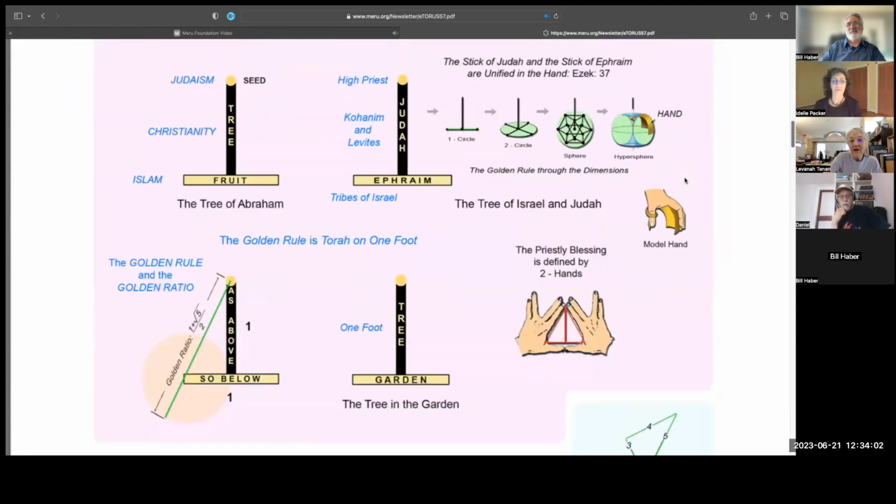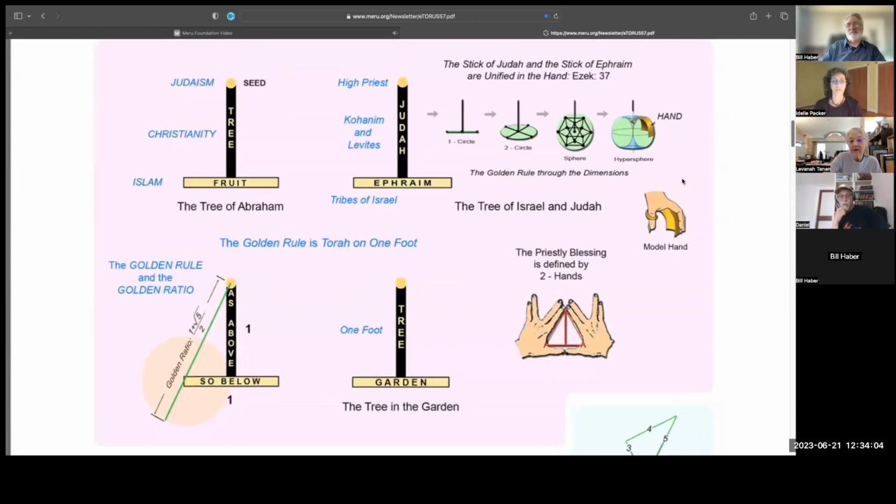Yeah, and he is also referring to the fact that one of the roots of the name Ephraim is transliterated PRI, which is the Hebrew word meaning fruit. And so that's an evocative image.